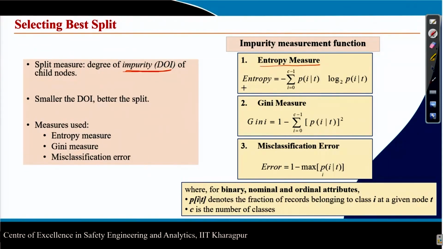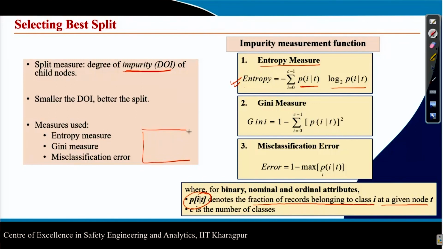You must write down the formula: minus the sum over i equal to 0 to c minus 1 of p(i|t) log2 p(i|t), where p(i|t) denotes the fraction of records belonging to class i at the given node t.